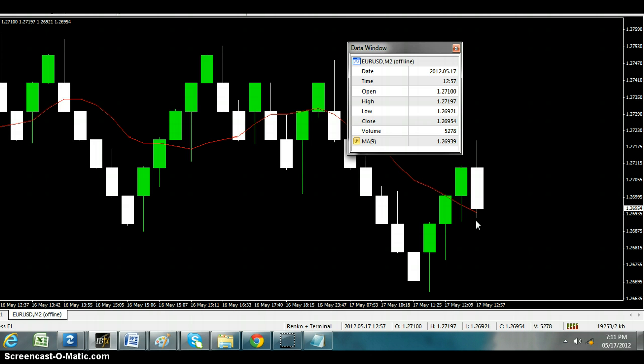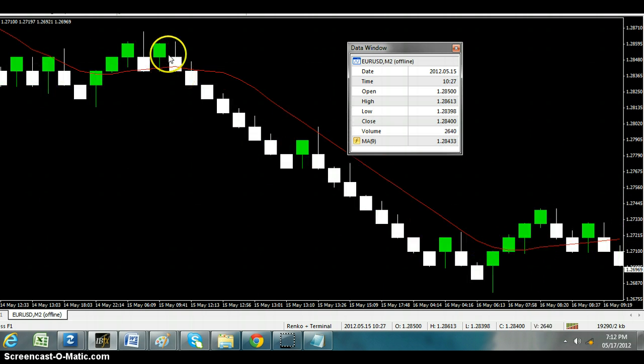If it is, we will first exit our long trade and take a new position, which would be a short trade at the level of 2690. So at any point in time our system is always in a trade.